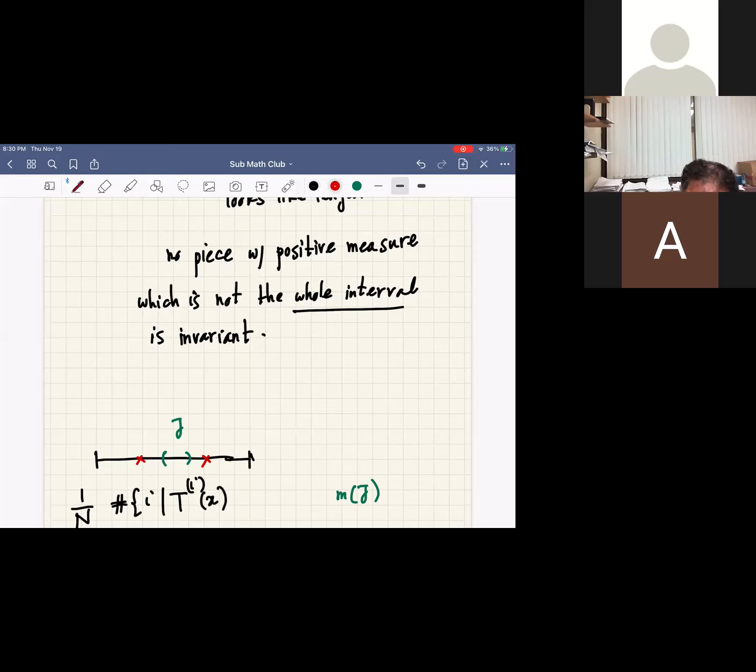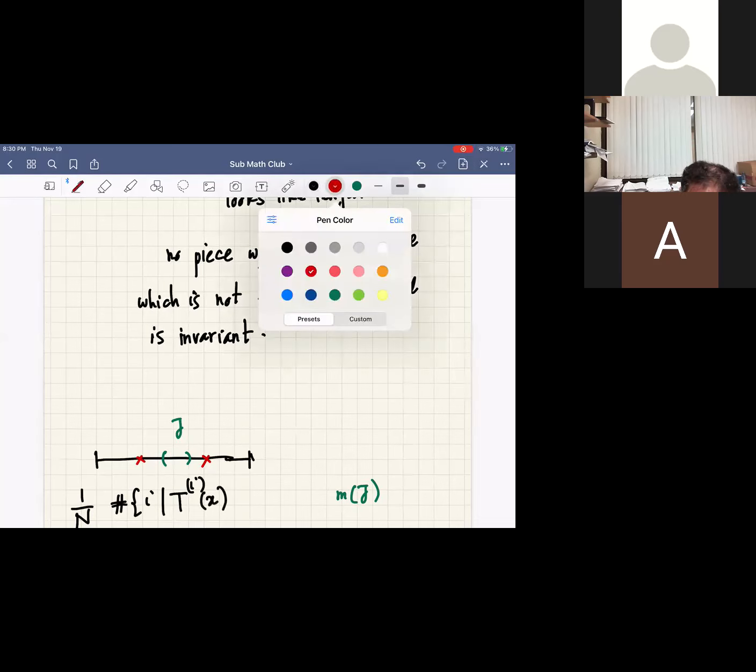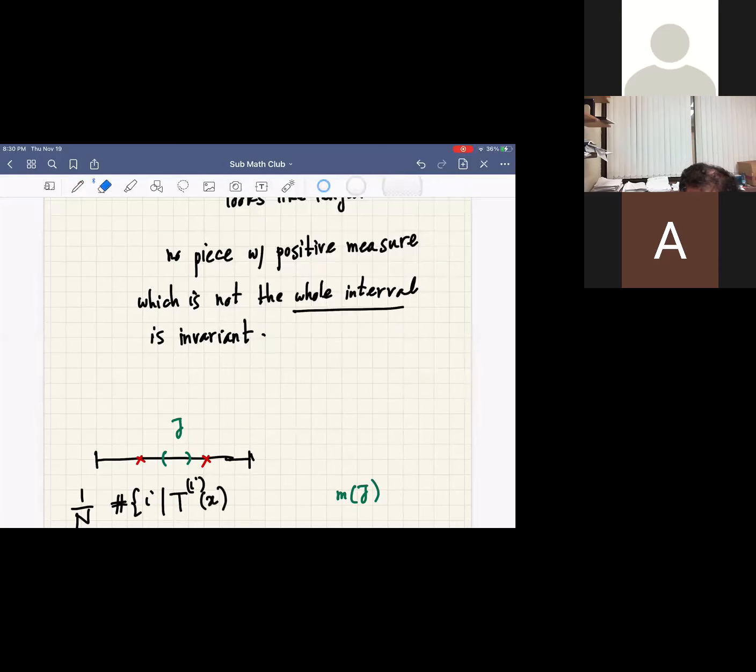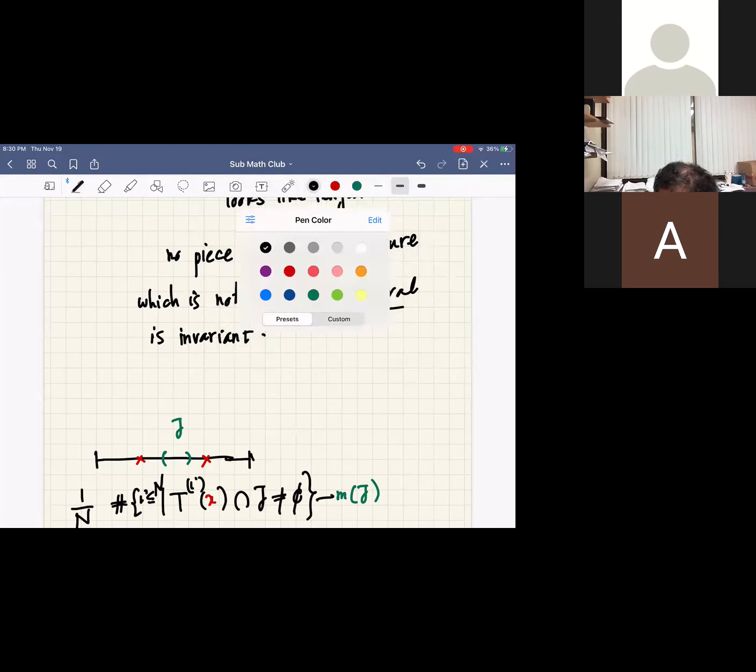So let's use the red color for this: x, intersection with J, where i is less than or equal to N, is going to converge to the measure of J as N goes to infinity.